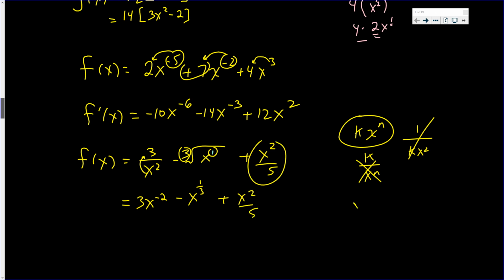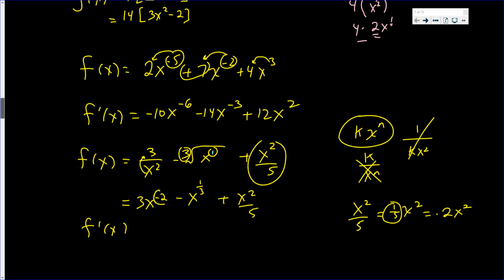Just remember that x squared over 5 is nothing more than 1/5 times x squared, 0.2 times x squared. This is a constant. Okay, so we rewrote it, and now it's a bit easier to compute the derivative.